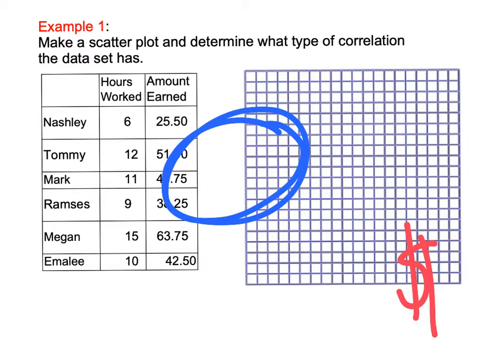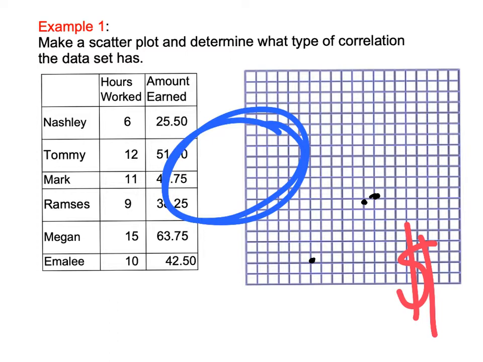I have 6 and 25.5. I'll do some of them with you. So we move over to 6 and then we go up to 25.5, and there's going to be a lot of estimating here, and that's okay. And then we have 12 and 51, which is just going to be a little bit above that line. And 11 and $46.75, which is basically 47. So 11 and then 47.